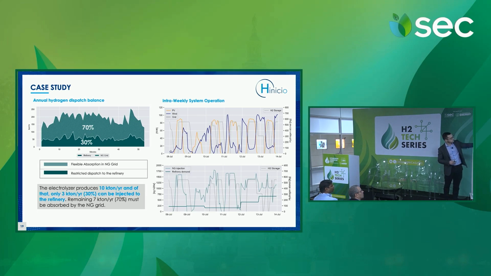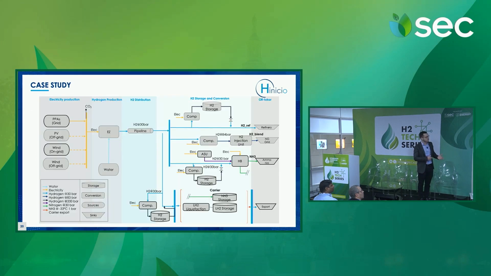And then if you produce more, which is what we can see on the right side, you see that when you have PV and wind, what you do is you inject to the refinery, you can put everything else in the natural gas grid, and also you charge your hydrogen storage. So this is the type of analysis that you have to see.